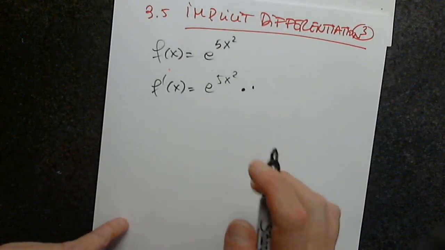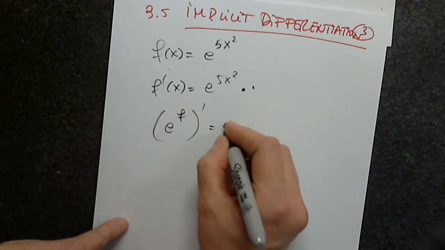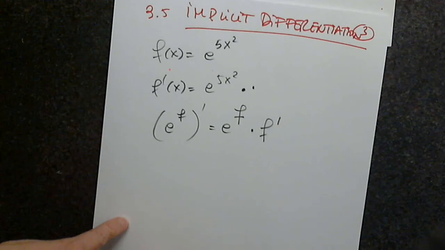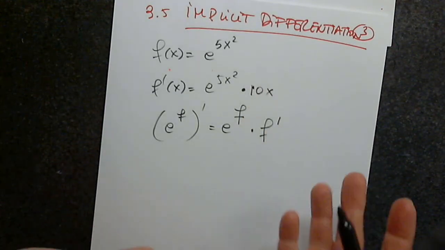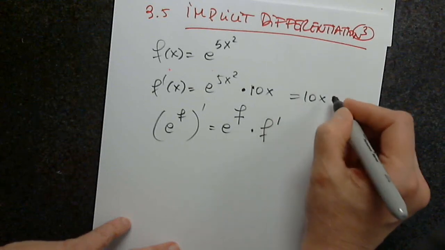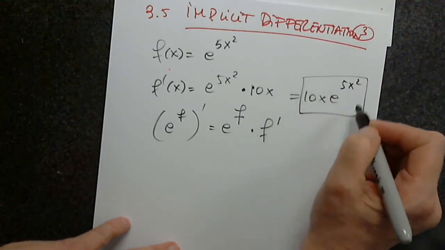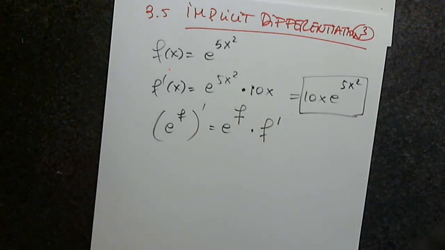Okay, let's talk about it one more time. So e to a function prime is e to the function times the function prime, times 10x indeed. Of course, I'm going to put that in front, so this is 10x e to 5x squared. This is the derivative of this function. And you can say, what's all this?